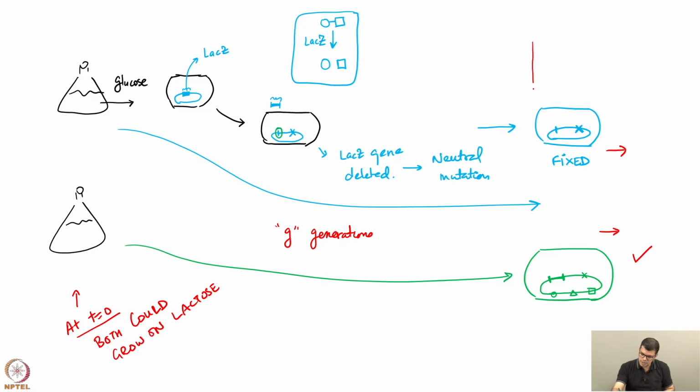If this was the starting point of my experiment, then the fact that this particular individual can grow on lactose and evolve to become better and this individual cannot, that is a product of the evolutionary history of these two individuals, where in its evolutionary history one of these, the blue individual, lost the LAC-Z gene and as a result it cannot grow and evolve on lactose anymore.